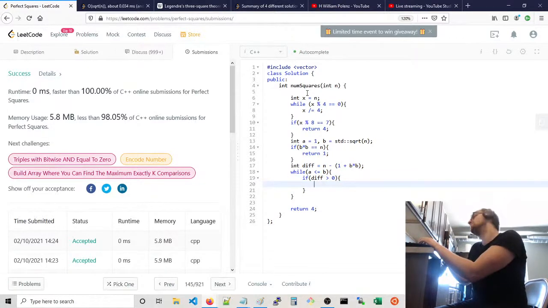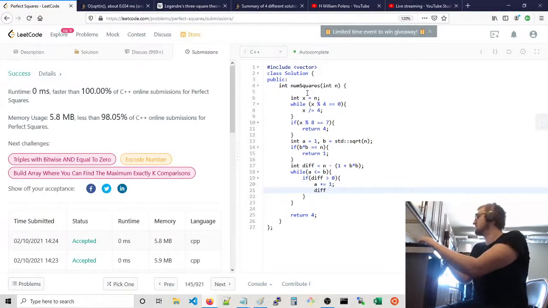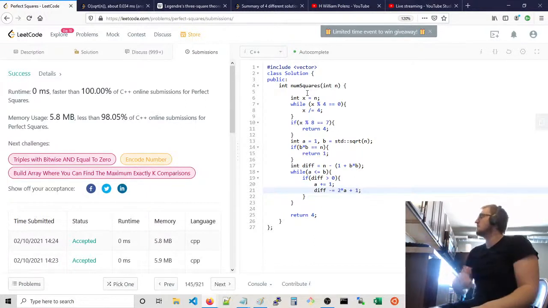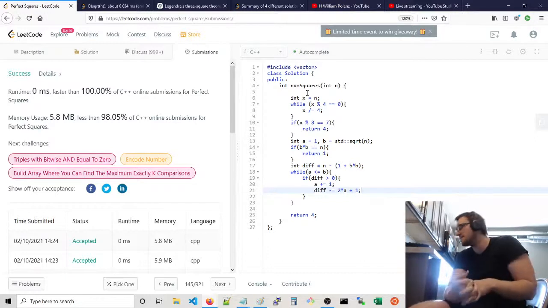then we need to reduce the difference by increasing a. So a plus equals 1, and then difference minus equals 2 times a plus 1. Yeah, so you get the odd number from a. So you had subtracted 1 before.